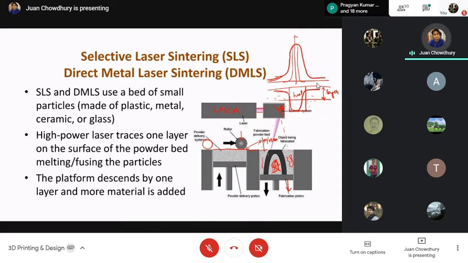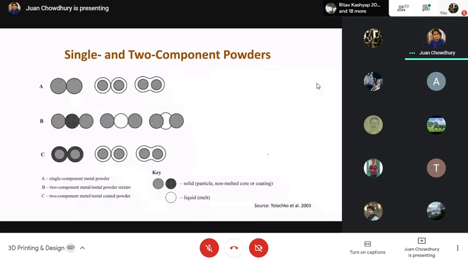right. Then I was talking about certain flexibility that comes along with the laser sintering processes, that you can use 2 or more powders. So these can be evidently divided into further sections where number A will be a single component metal powder.